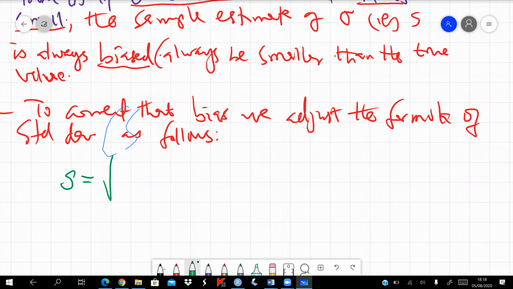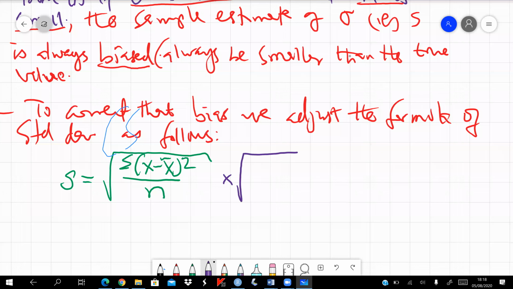Usually the formula is given by the summation of x minus x bar squared over n. We're saying that formula will always give you a biased value of s if n is small, that is if n is less than 30. So to correct the bias, we multiply this formula by this factor, n over n minus 1. That is what removes the bias.